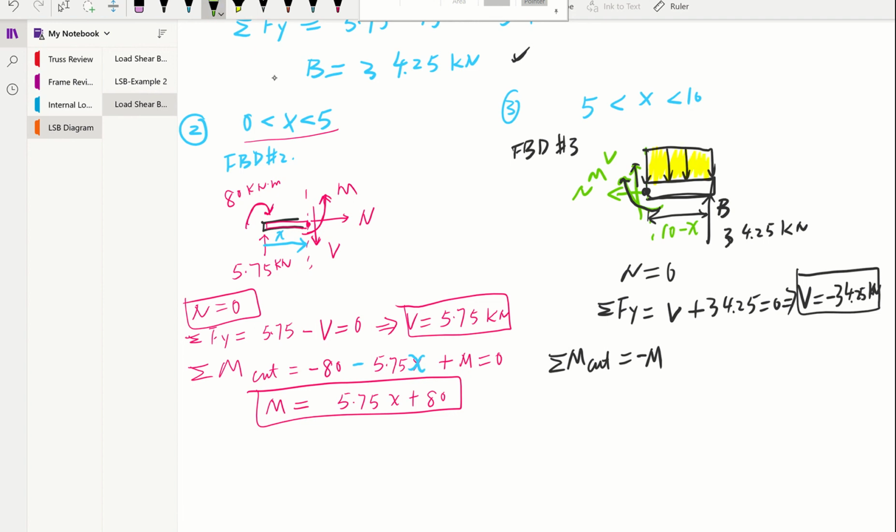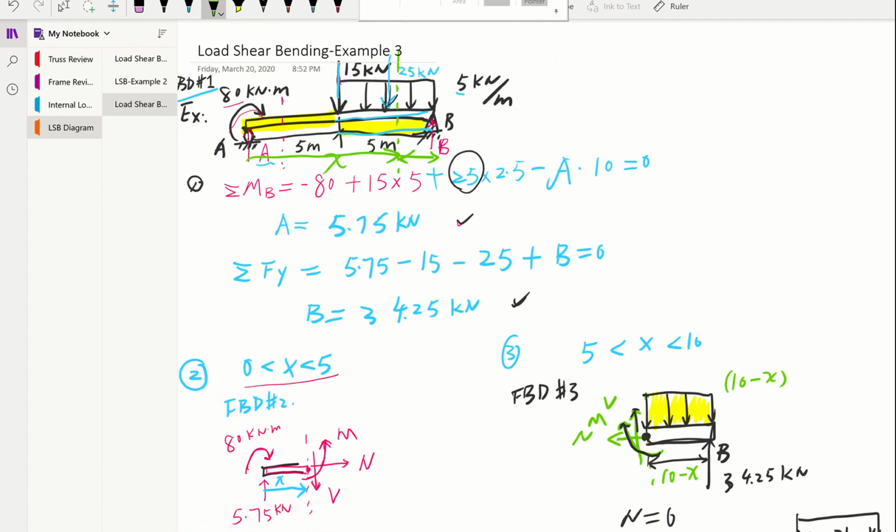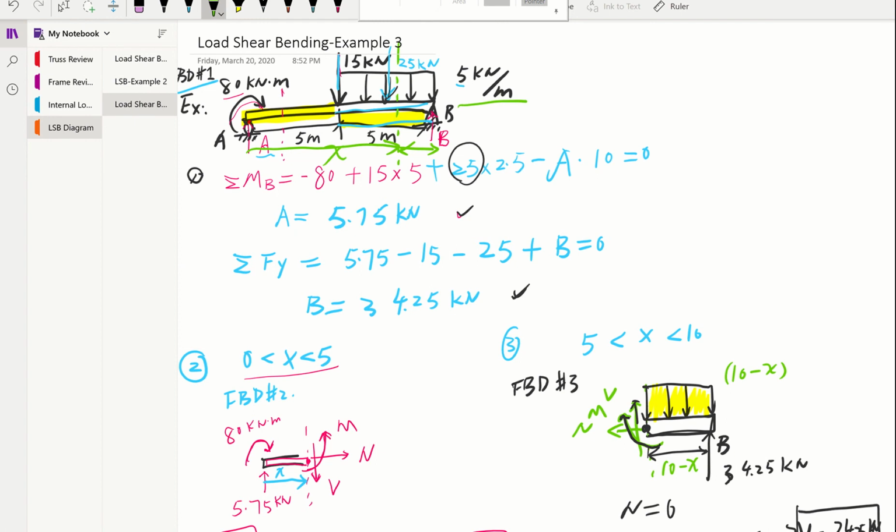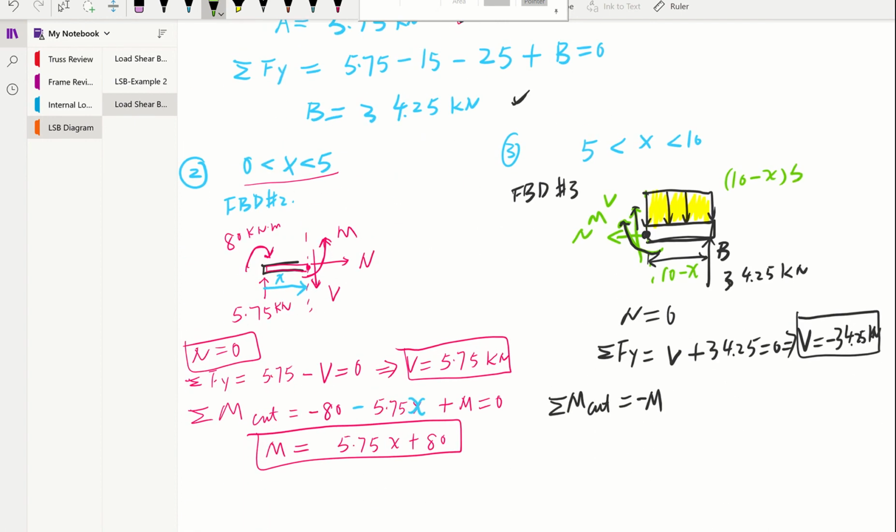That will be the base, 10 minus X, times the intensity. What's the intensity? 5 kilonewton per meter. That's going to be the concentrated load. And where that will be located is right in the middle of this rectangular section. So knowing that, we have this 10 minus X times 5. That's our equivalent concentrated load times the moment arm.